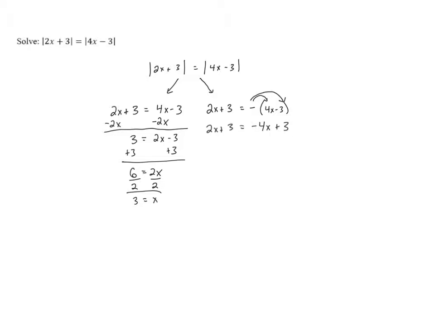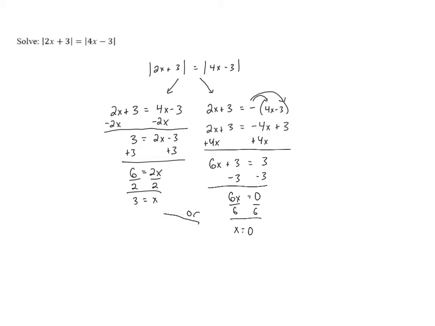Now again, we have variables on both sides. I'm going to add 4x to both sides to eliminate that 4x term. This gives us 6x plus 3 is equal to 3. If we subtract 3 from both sides, that gives us 6x is equal to 0. And if we divide by 6, that gives us x equals 0.